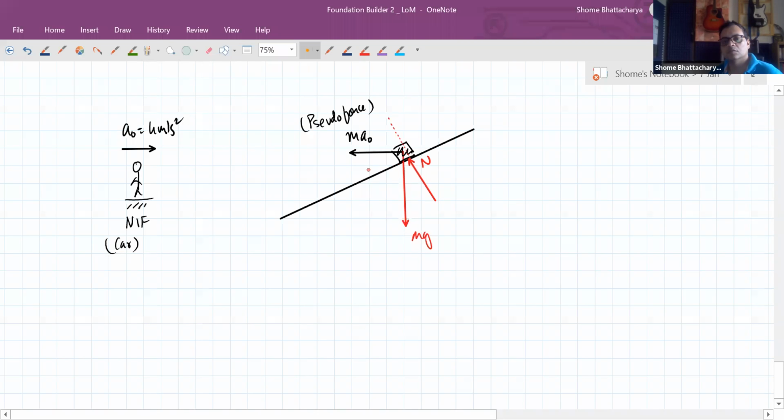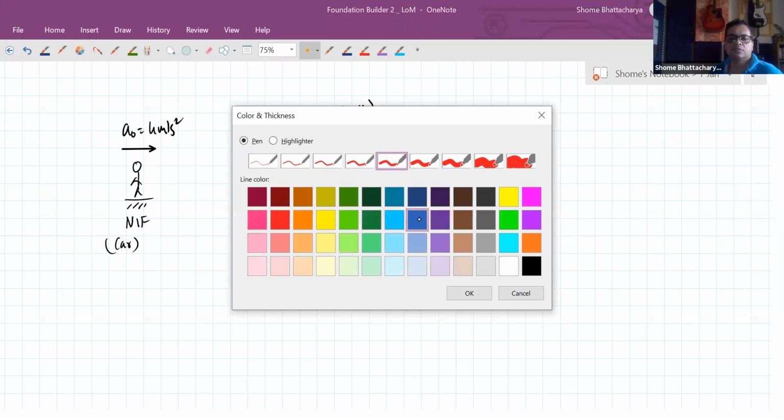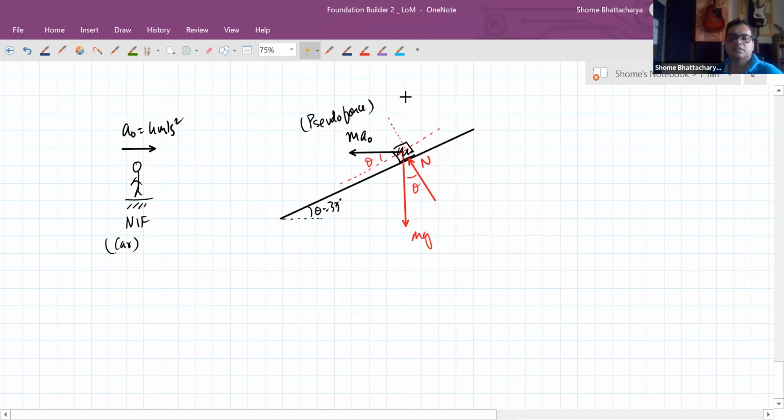So you can see that this angle is our theta equal to 37. So here this will also be theta. This will also be theta. And with respect to this system of axes, in this frame, this block will be having an acceleration down the inclined plane. So this is relative to the frame of the car.